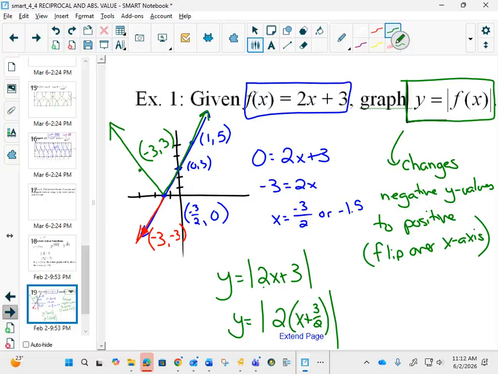I actually think this is a lot harder to do using the first technique that we learned. In this example, it's way easier to draw the graph on the inside and just flip half of it up. But you could have done it as horizontal compression by a half, then moved 1.5 to the left. So it's nice to see both methods, right?